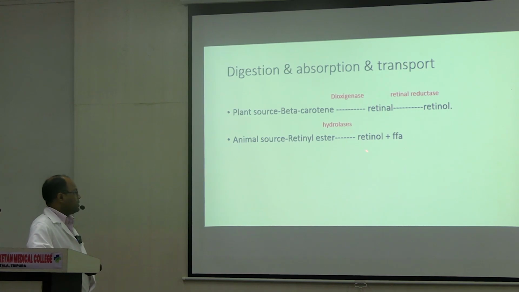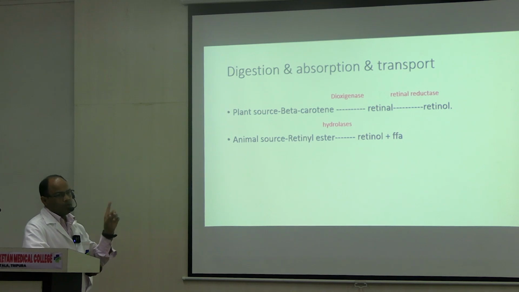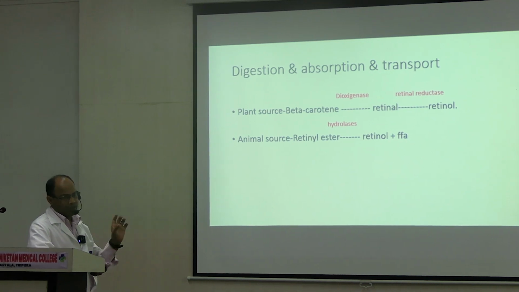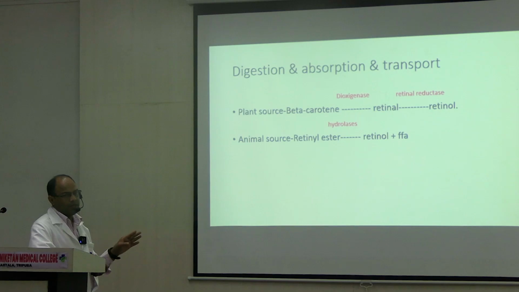Once this retinol is formed, it is incorporated with chylomicron and bile salt. Then they go into the lymphatics, and by the lymphatics they go into the liver.